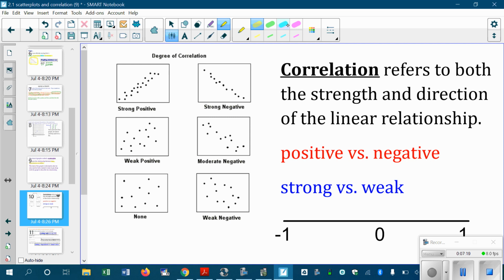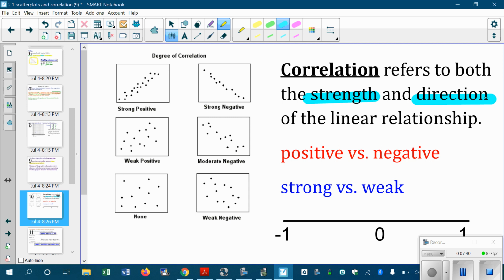Now, this is the textbook definition of correlation. And oftentimes when I ask this as a test question, I get like half of this description. So make sure that you know that correlation tells me 2 things. It tells me both the strength and the direction of the linear relationship between the data.